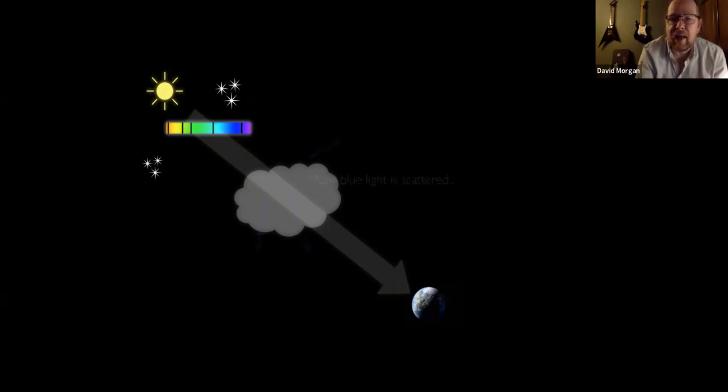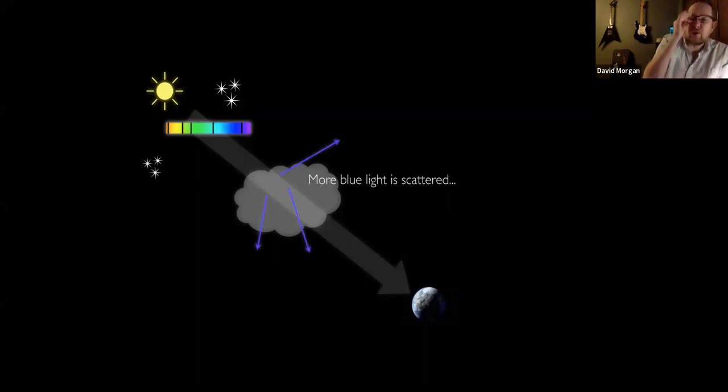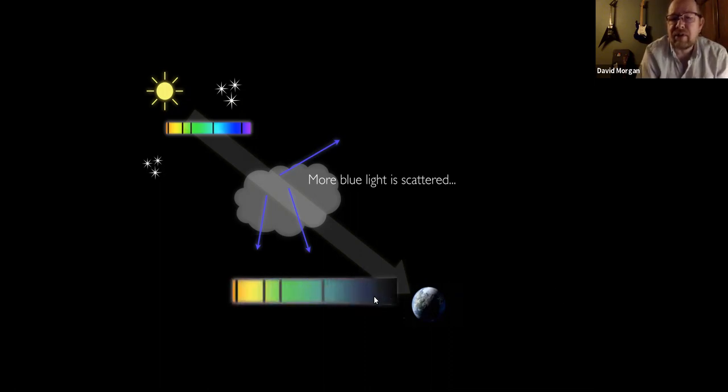That same scattering happens in interstellar space. So because more blue light is scattered, the spectrum that we receive from distant stars is somewhat reddened. In other words, the blue end of the spectrum is somewhat reduced in intensity because some of that blue light has been scattered.